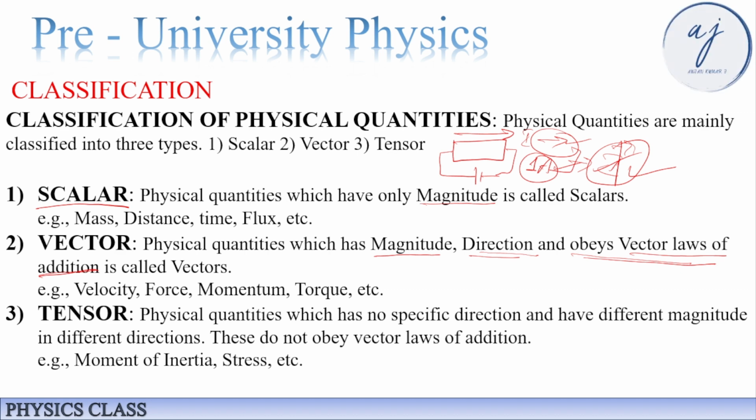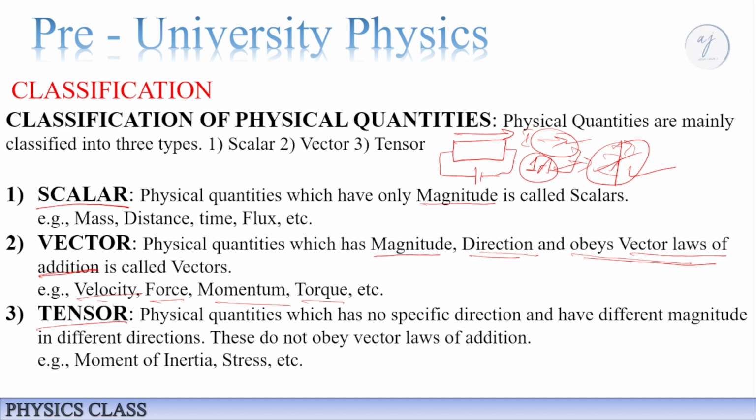If the physical quantity obeys vector laws of addition, then it will be listed under vector. For example, velocity, force, momentum, torque, displacement. These are physical quantities which have magnitude and direction, and they obey the laws of vector addition. That's why they are listed under vector.